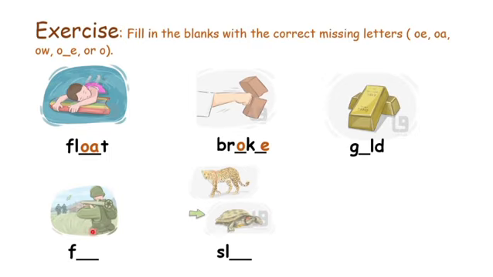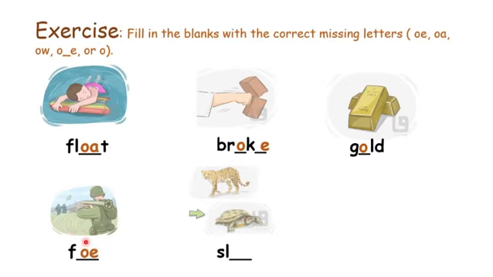Let's look now at this one. This is the word faux. Faux. Right? So here I have to choose between O, W, or OE. What did we learn? How do we write faux?